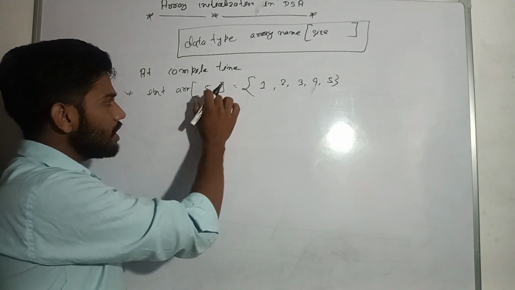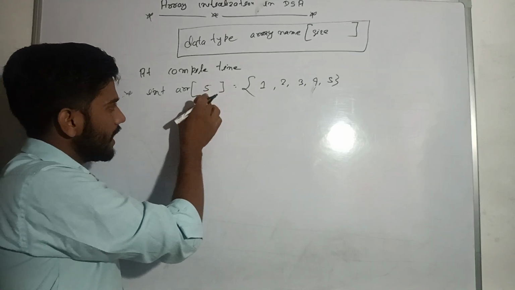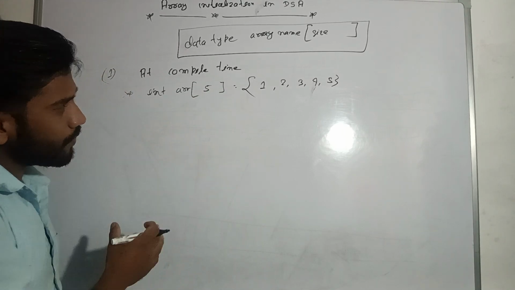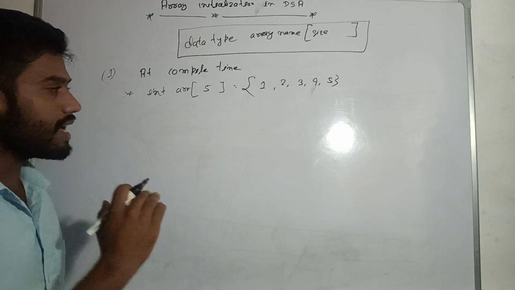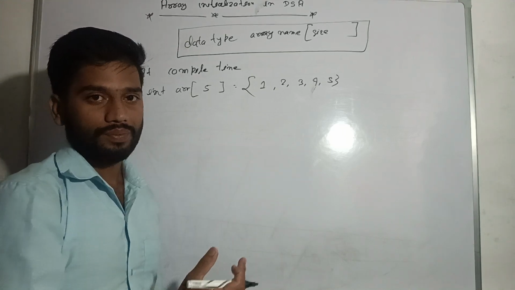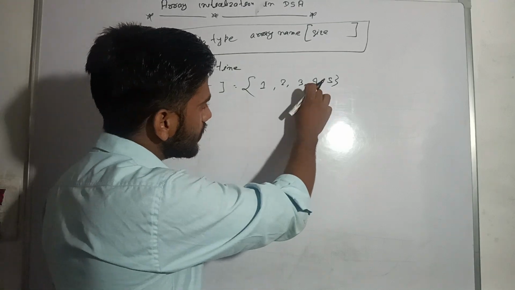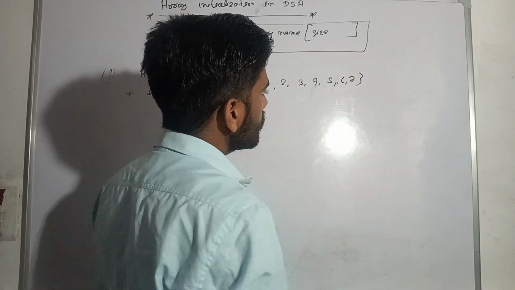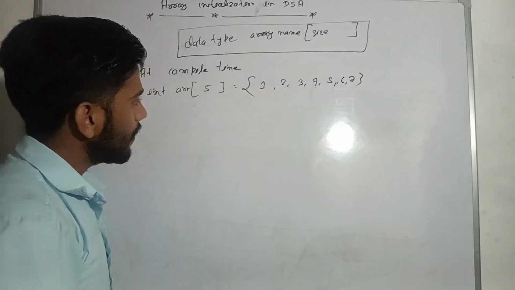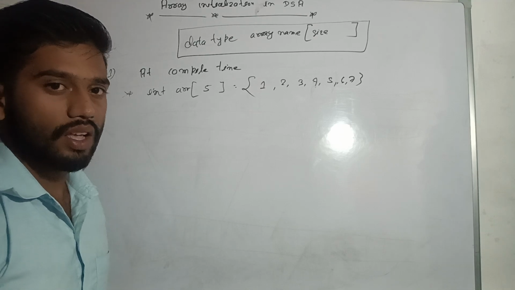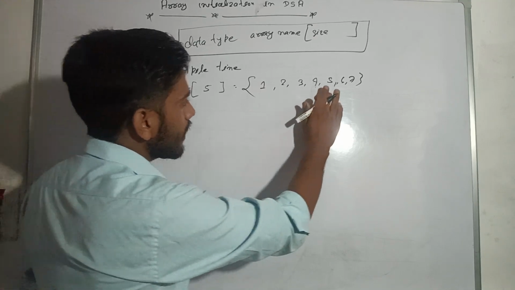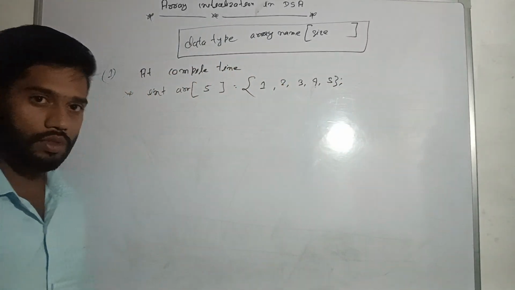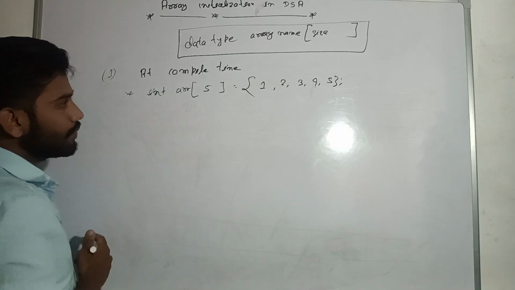It is the maximum value of the array. Less than 5 we can store, but we cannot exceed 5. If we initialize 6 and 7 numbers, the compiler will give an error. So only up to 5 or less than the maximum number will be stored. This is the first way.